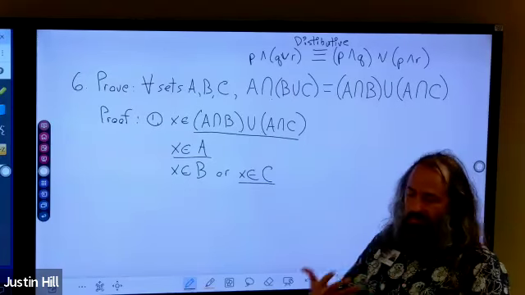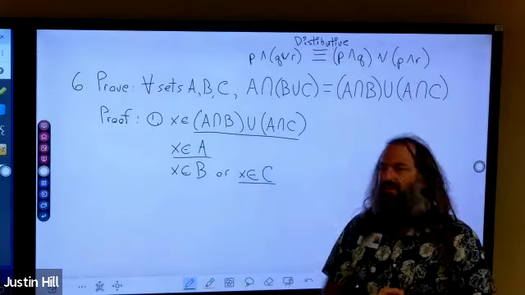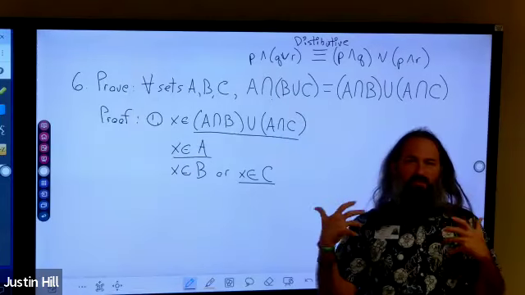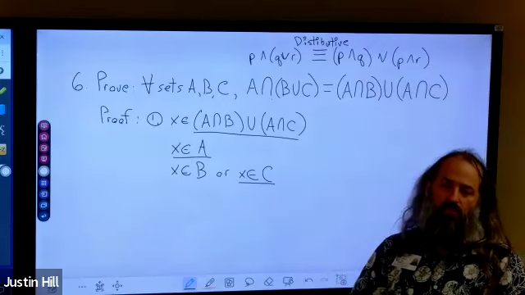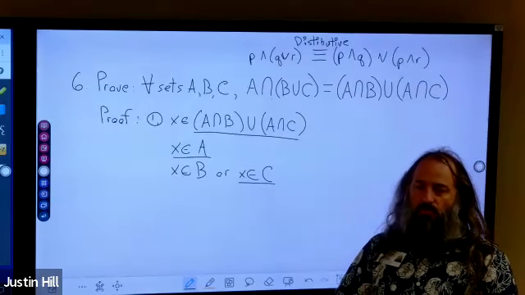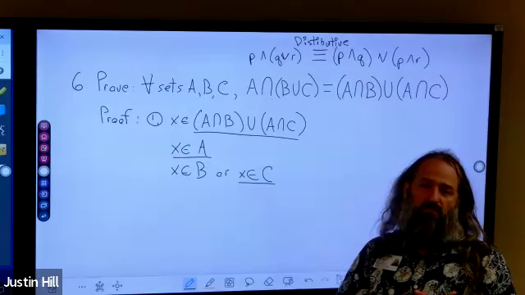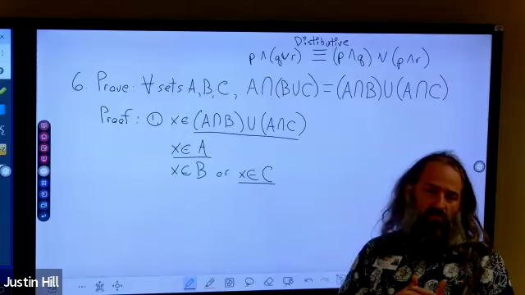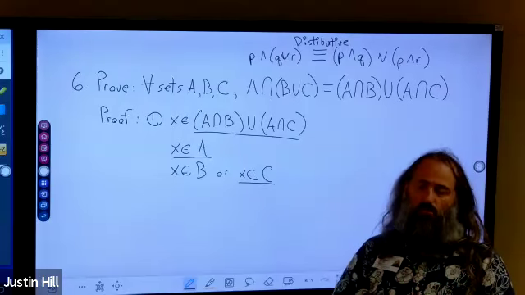And so the clever thing that's happening here is, again, without any context for A, B, and C, I can't use algebra. I can't use any tricks with what these objects are, or definitions of the objects. So what I'm relying on is just the definitions of intersection and union. But that works because intersection always means and, union always means or.